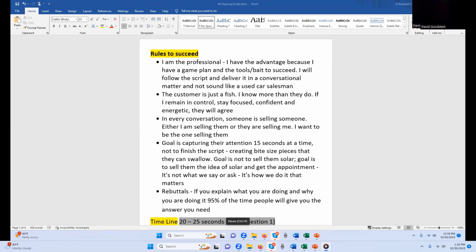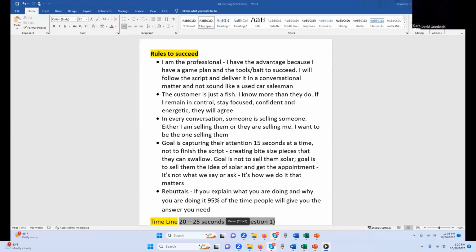I'm going to start by delivering the opening script and then break it down for you. Just keep in mind that this will not work if you don't have a hard copy of the script in your hand. It will not work if you're trying to take shortcuts and read it from a computer screen.